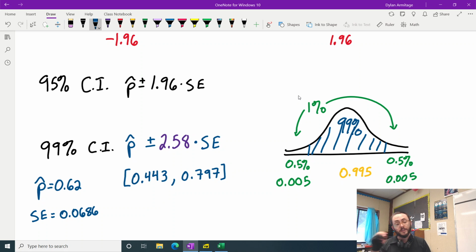So our 99% confidence interval for this same sample would be that we are 99% confident now that the true population proportion is between 0.443 and 0.797.